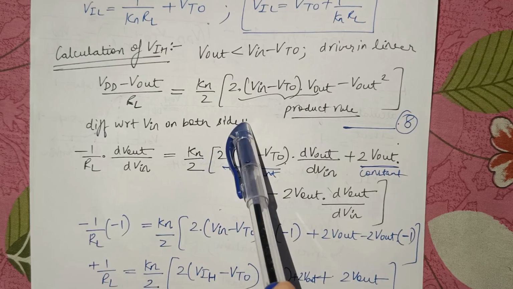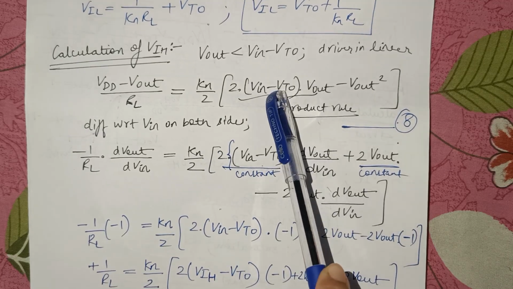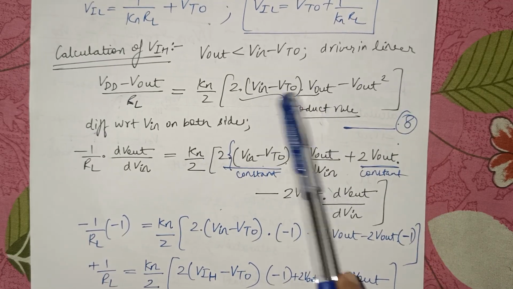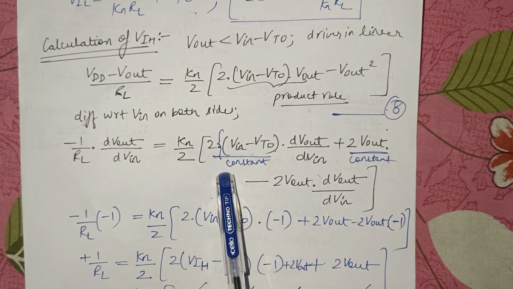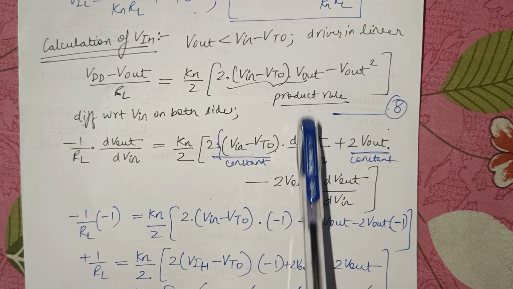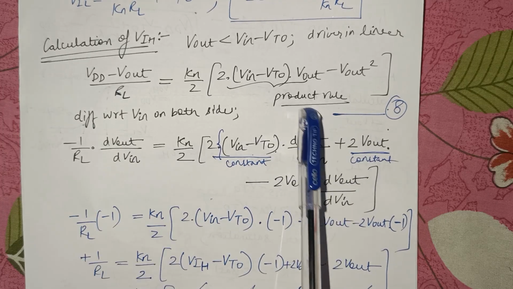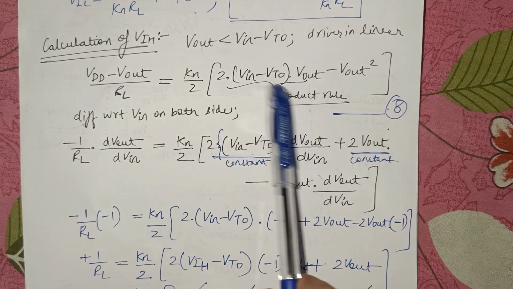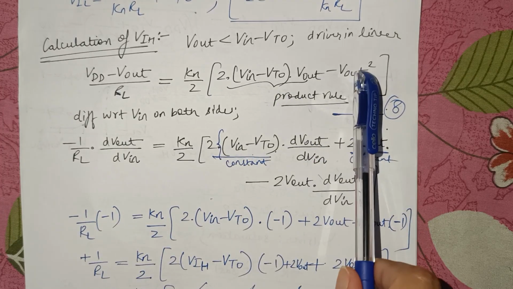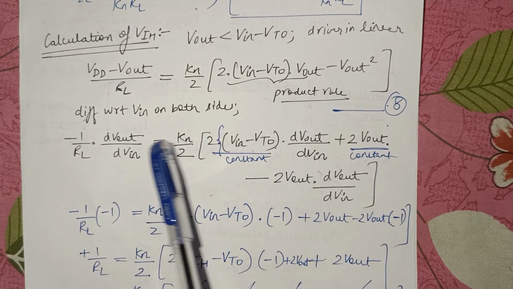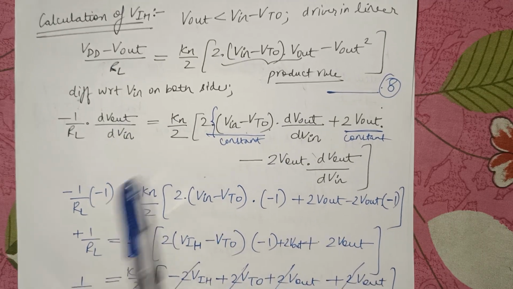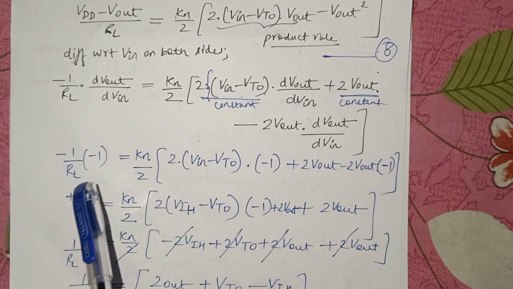Here we perform the product rule because there are two terms, so 2 is taken as common: V input minus VTO dV out by dV in, plus when we take V out as constant, it will be 2 V out dV out by dV in minus 2 V out dV out by dV in. Just put the value of dV out by dV in as -1 in the whole equation, then you will get something like this.